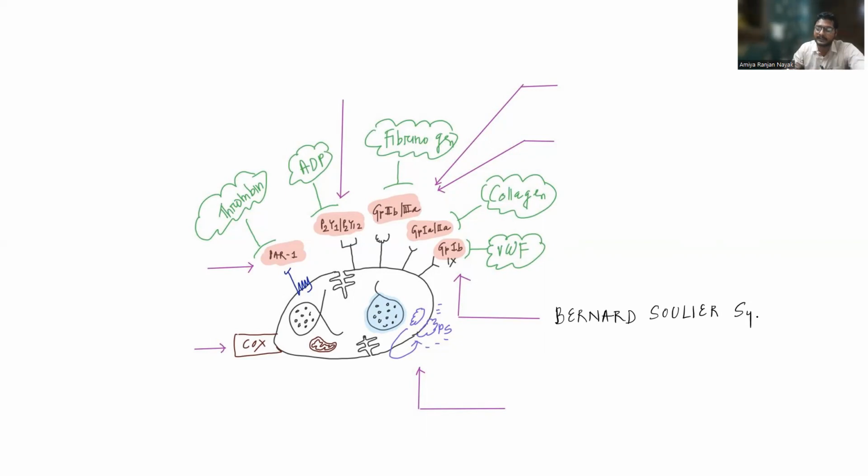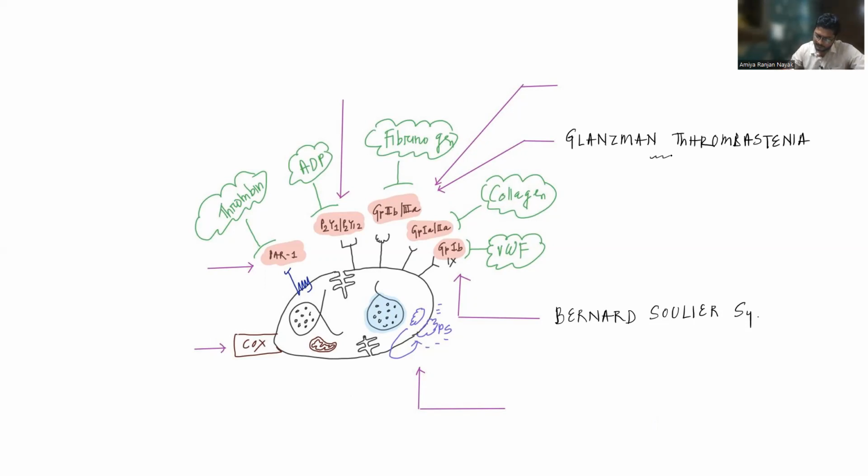Next one is GP2B3A. GP2B3A deficiency or mutation can cause a condition known as Glanzmann thrombasthenia. GP2B3A is required for aggregation, so in Glanzmann thrombasthenia, the aggregation is defective. Adhesion is not defective, aggregation is defective. In Bernard-Soulier, the adhesion is defective.